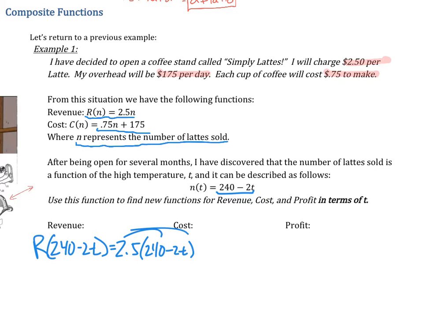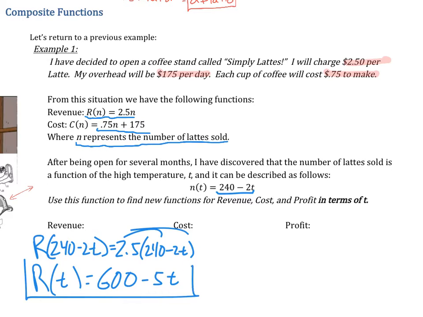Maybe I'll distribute this here. And so my revenue as a function of T is going to be 600 minus 5T. So if I want to figure out my revenue, I can just know the temperature and plug it into this equation. I've got my revenue.